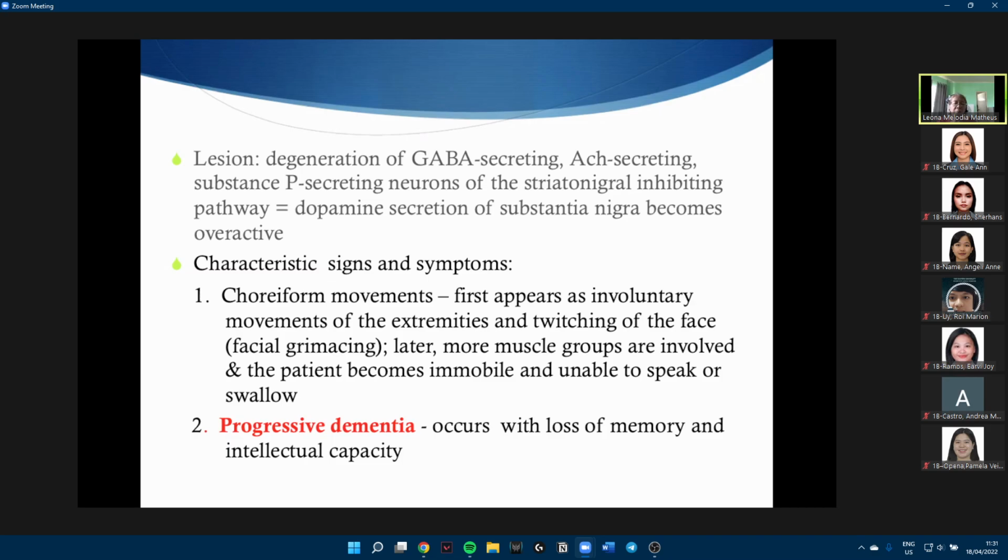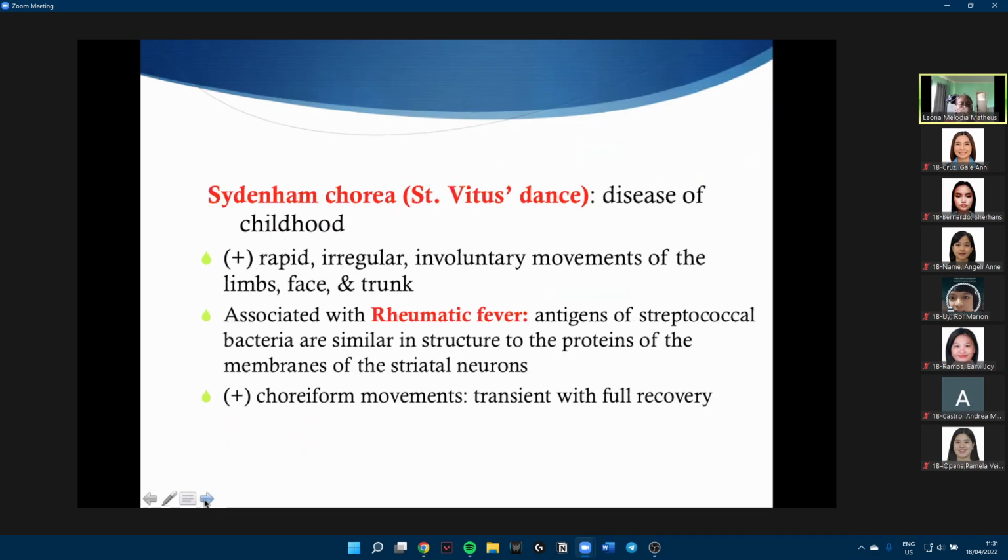Now, this is a severe symptom where you eventually develop progressive dementia, with loss of memory and intellectual capacity. So dementia, of course, is a state of the mind, no? It's a psychiatric problem, actually. Okay?